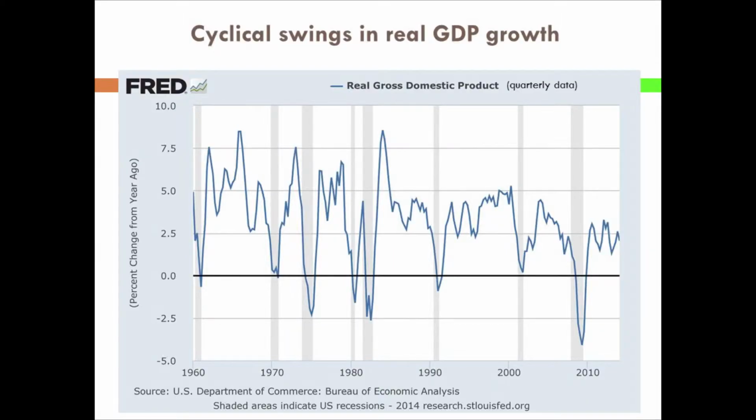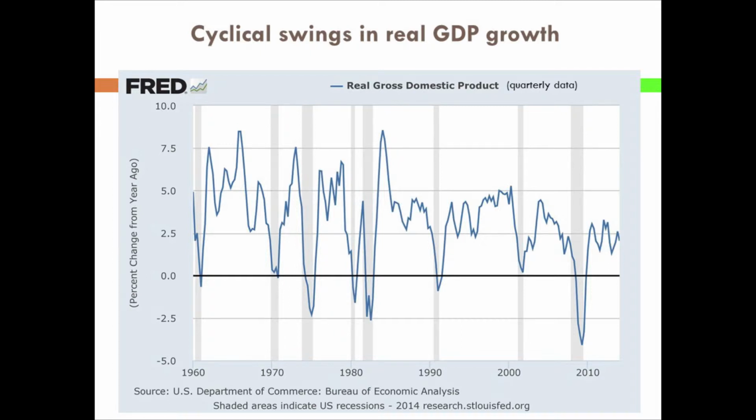So here's a picture of the growth rate of GDP. This is what people often focus on, and that was the number we just saw from the BEA. That was the rate of change of GDP. It changed -1% from the previous quarter. This gives you an idea of the range. On the vertical axis is percent change from a year ago.